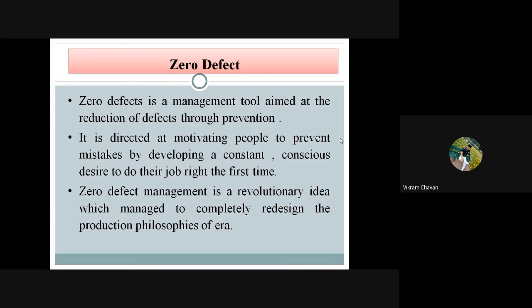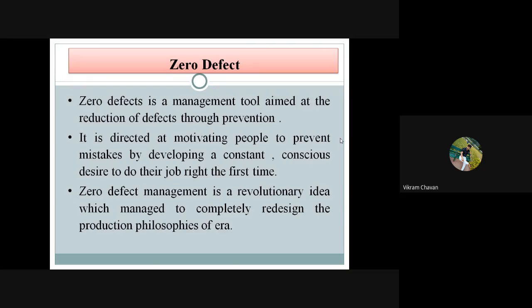When they apply this tool in the industries, they are thinking that one day we will achieve this in our industry. So this is the philosophy of a management: to move towards zero defect.